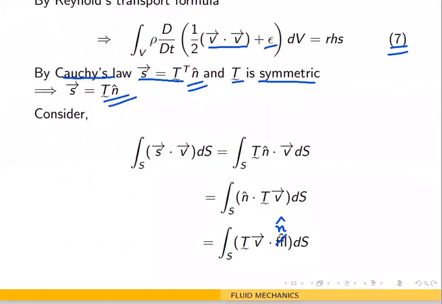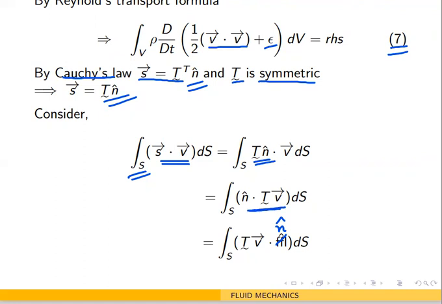Consider the surface integral of S dot V dS. Substituting S, this is T N dot V dS. This T N dot V is nothing but N dot TV.